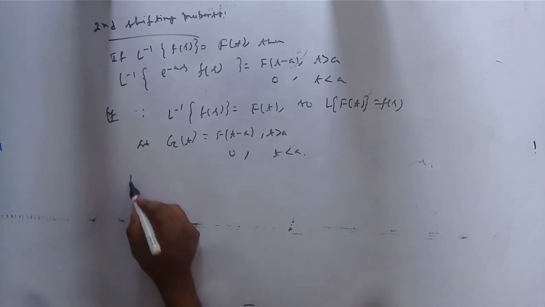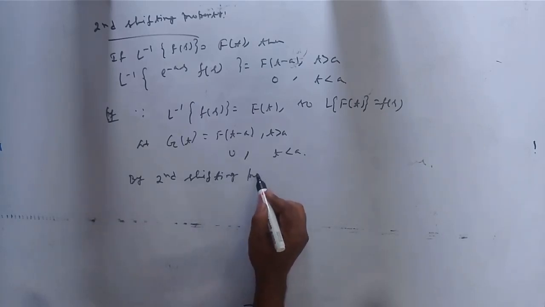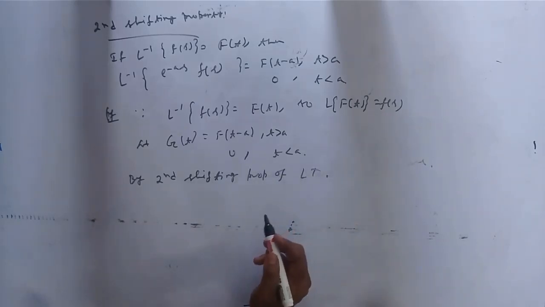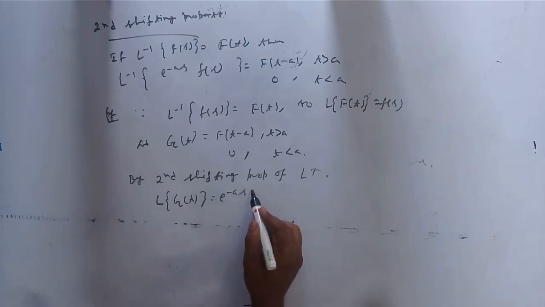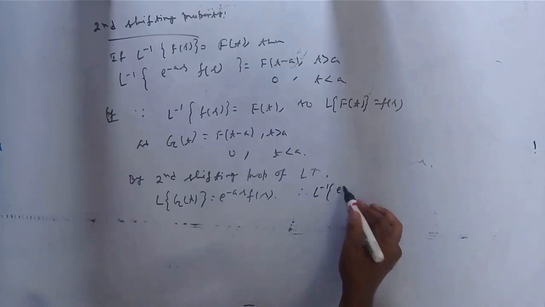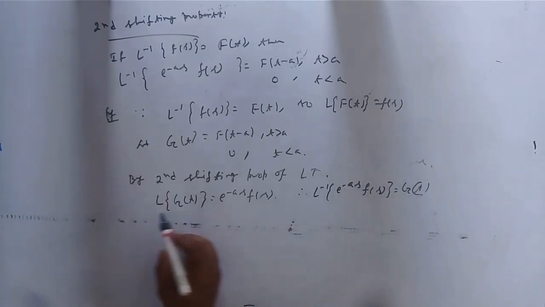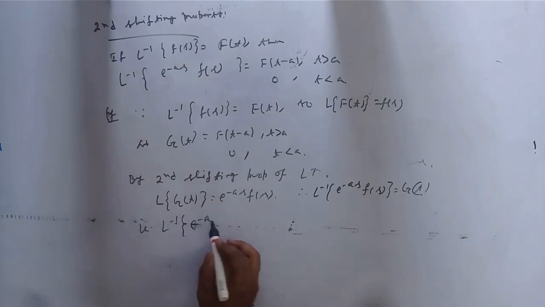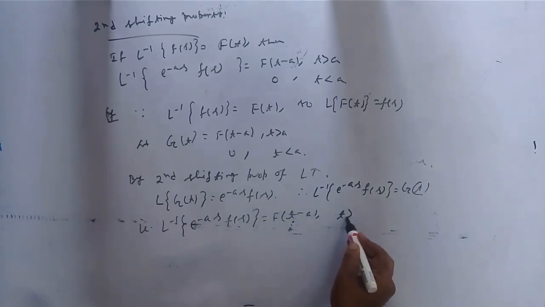Therefore by second shifting property of Laplace transform, L of g(t) will be e to the power minus as F(s), and therefore L inverse of e to the power minus as F(s) equals g(t), that is f(t) minus a when t is greater than a, 0 when t is less than a. So this was the proof of second shifting property.